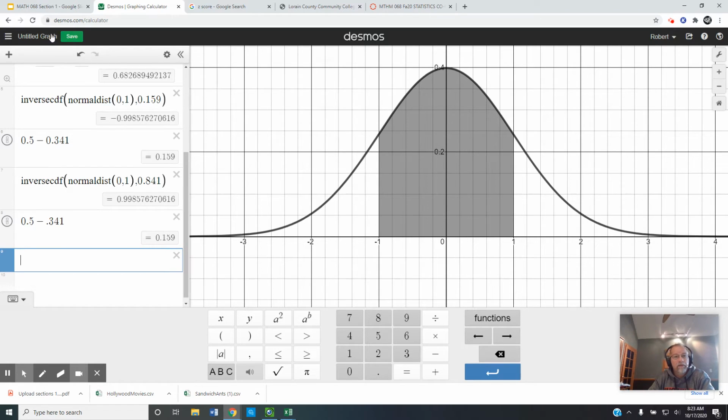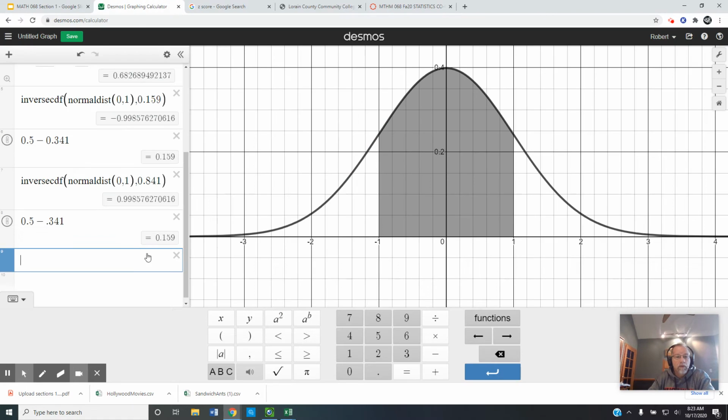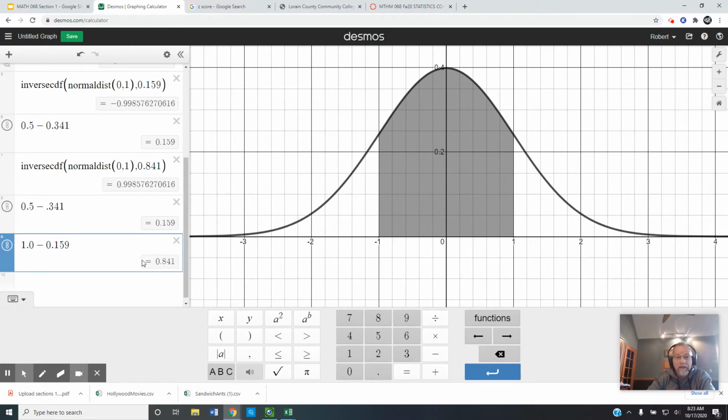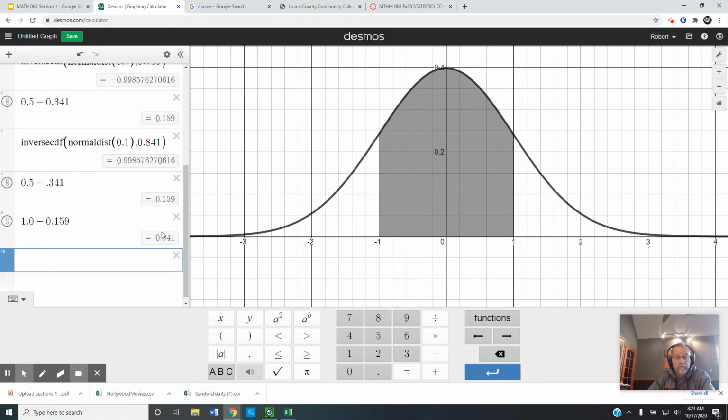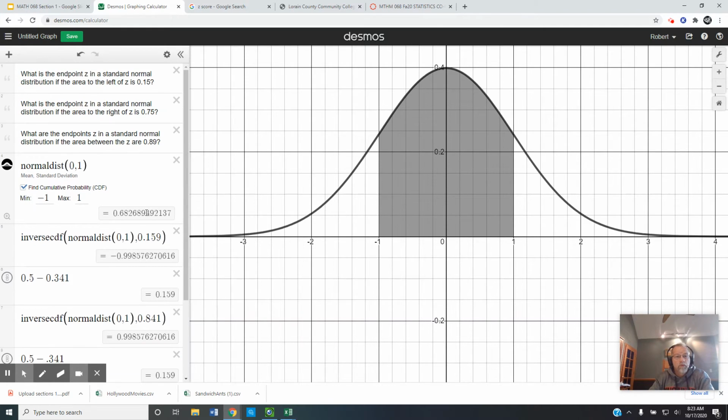Remember, I want everything to the left. Well, I could have done 1.0, because remember, all the curve minus 0.159, and I would have got that 0.841 also. So you can think about that any way you like when you're doing it, but you have to always have the left area. Always the left area.